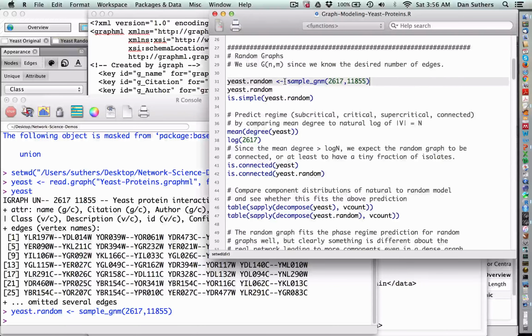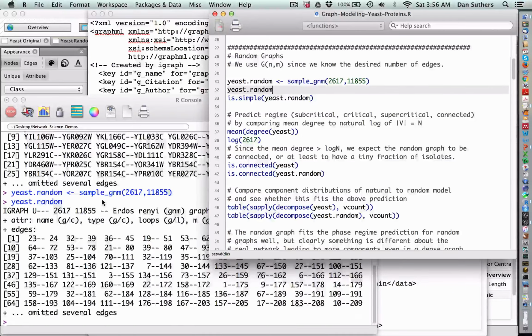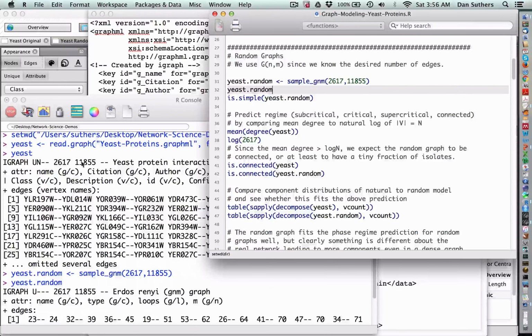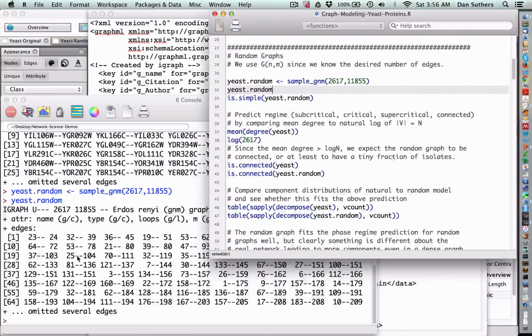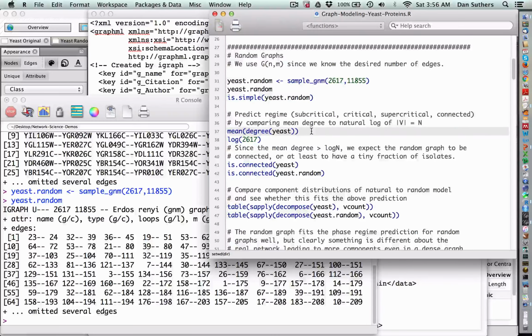We're taking a sample out of the space of all possible graphs that have this number of vertices and this number of edges. And if we take a look at it here, it will have the same number of edges and vertices as the original graph, but it's an Erdős-Renyi graph, which is going to have different connectivity.